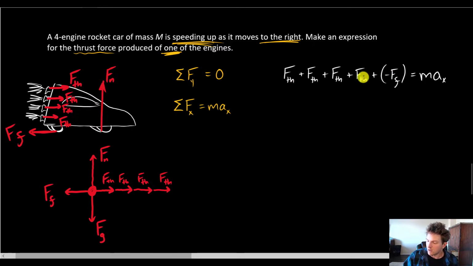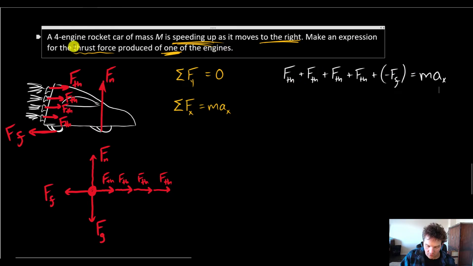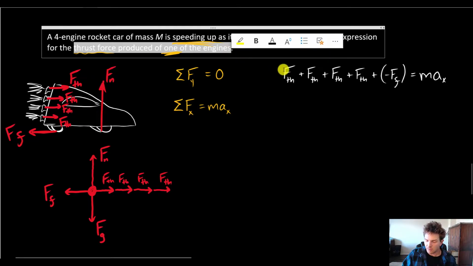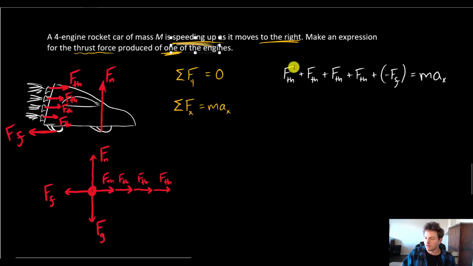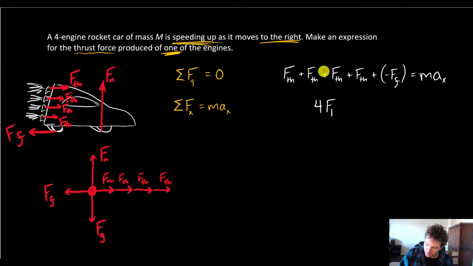Okay, from here I need to now solve for the thrust force of one of these engines. So I just need to solve for FTH. So watch what happens. I have 4 of the exact same thing. So just like any normal math, 4 FTHs minus the force of friction is equal to mass times acceleration in the X. Okay, now my goal is, again, get this FTH variable all by itself.